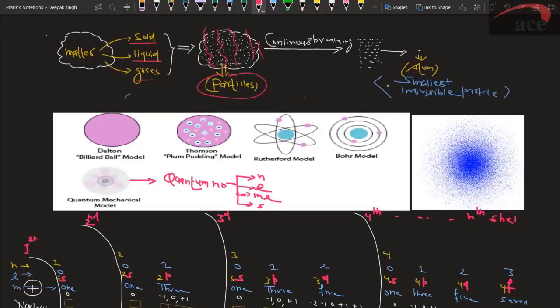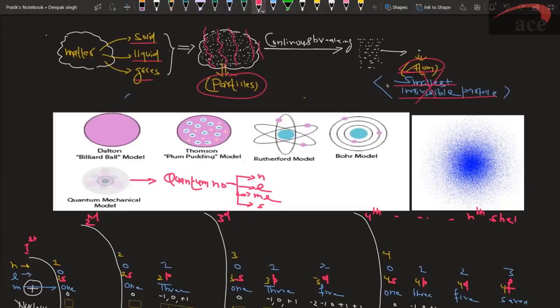If you select this particle and try to cut again, at some point you will find the smallest indivisible particle, and that was given the name atom. After this, science discovered subatomic particles present inside the atom, and the earlier statement was ruled out.